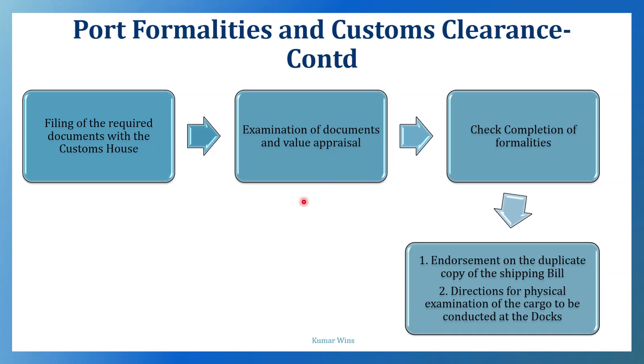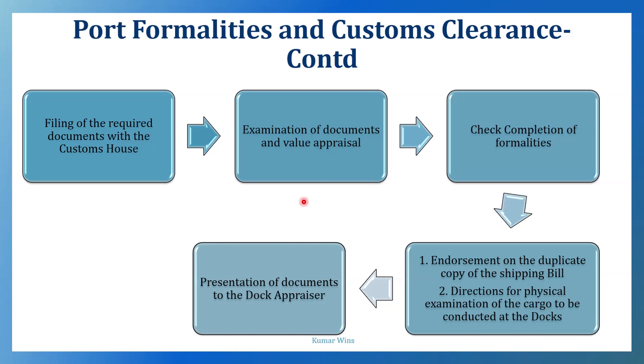He might give a kind of instruction to the dock appraiser for another physical examination of the cargo, right? And all the documents except GR form, the original shipping bill, and a copy of the commercial invoice are returned to the CFA, and these documents in turn have to be presented to the dock appraiser, right?